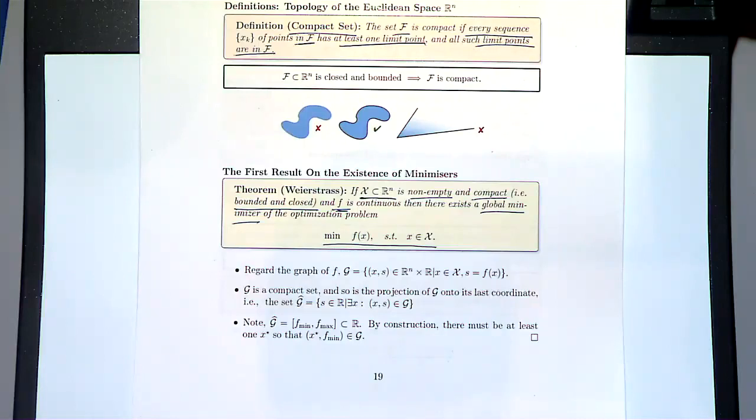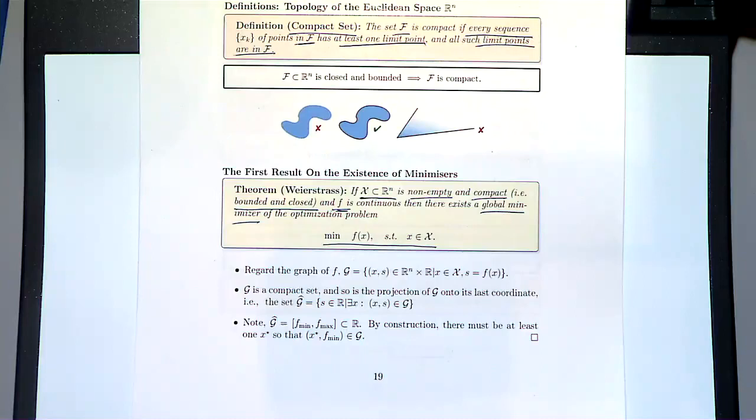So we construct a graph. That's the definition of a graph of a function. G is a compact set because the assumption was X is bounded and closed. F is continuous as well, so it doesn't suddenly become unbounded. So G is a compact set.